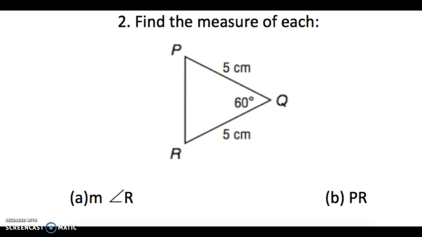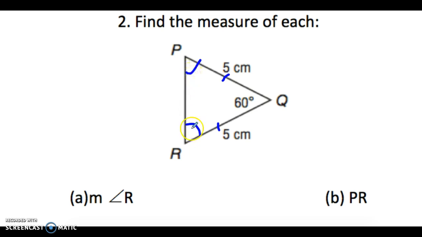Okay, using the theorems that I gave you a moment ago, we know that since segment PQ is 5 centimeters and segment RQ is also 5 centimeters, angles P and R must be congruent, right? Because these two sides are congruent.